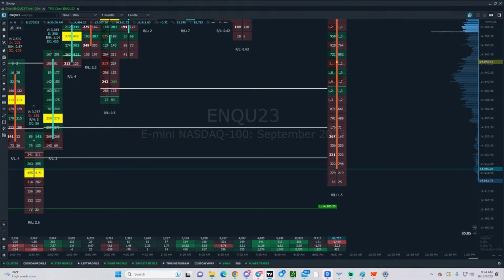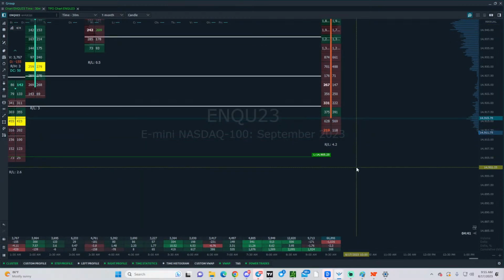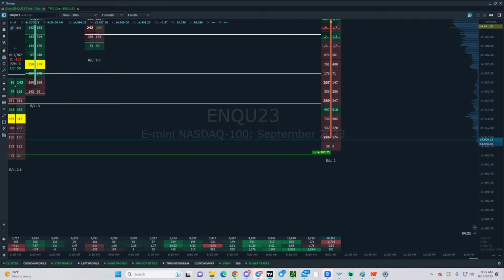Retest RTH open. We're below that opening price. Previous low right here, and you can see the bears are just pushing through the previous low.